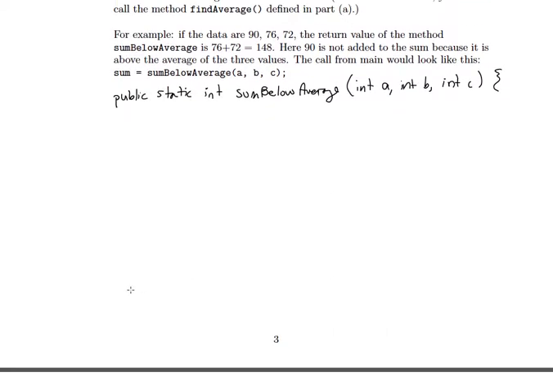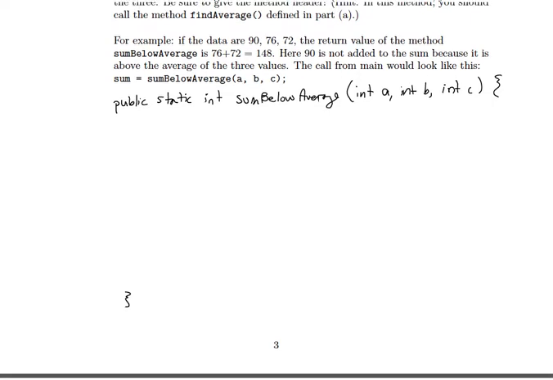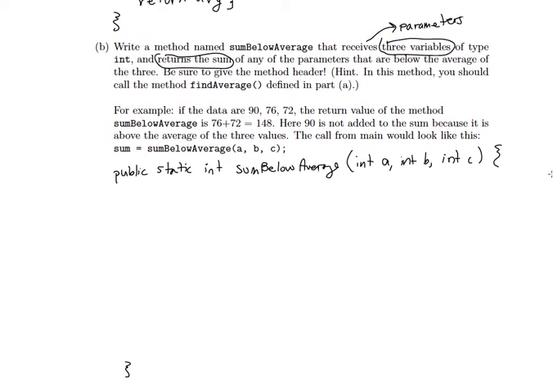I'll have plenty of space, so I'm going to use it. Okay, so this says returns the sum of any of the parameters that are below the average of the 3. So I have to do 2 things. I have a sum going on, and I have to know the average. So I need to calculate the average. And it says, in this method, you should call the method that I defined in part A.